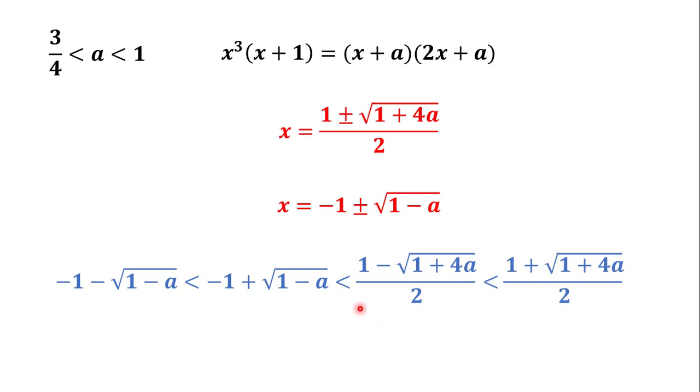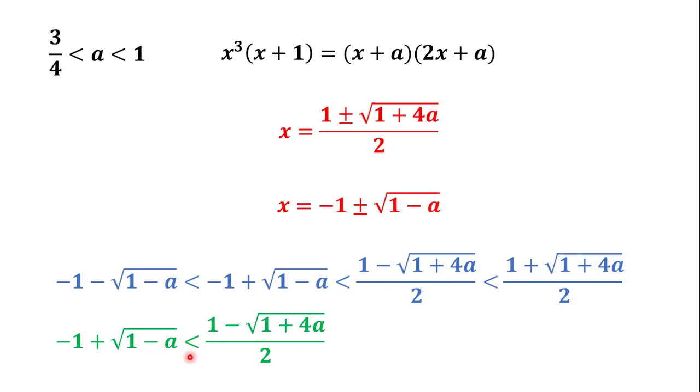We need to prove minus 1 plus square root of 1 minus a is less than 1 minus square root of 1 plus 4a over 2. In other words, we need to prove this inequality. If we check this inequality and we get a true expression, we can say this inequality is correct and these real roots are different.